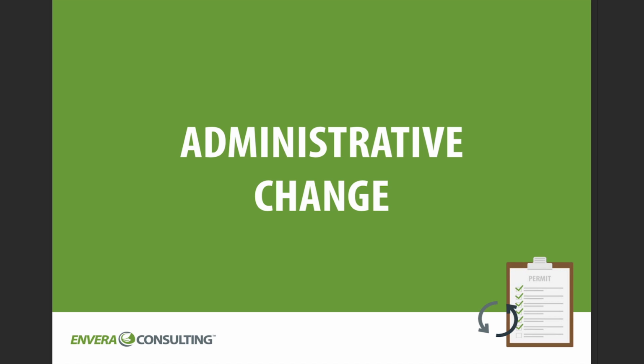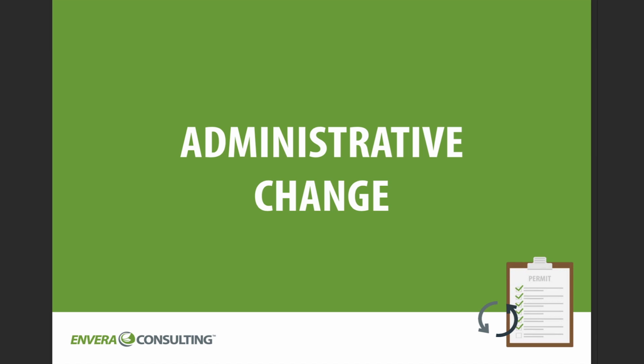This is a permit to change either typos or minor items on the face of your permit. Generally, a test to determine if something can fall under the administrative change permit or not is if it will increase the emissions of your equipment, or the change will require some sort of engineering evaluation by the district or by the person preparing the permit application.